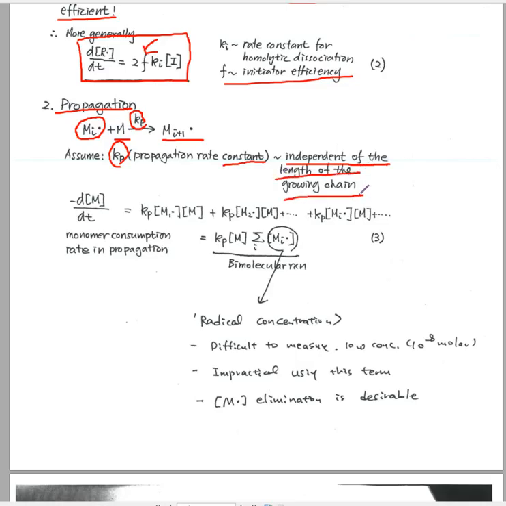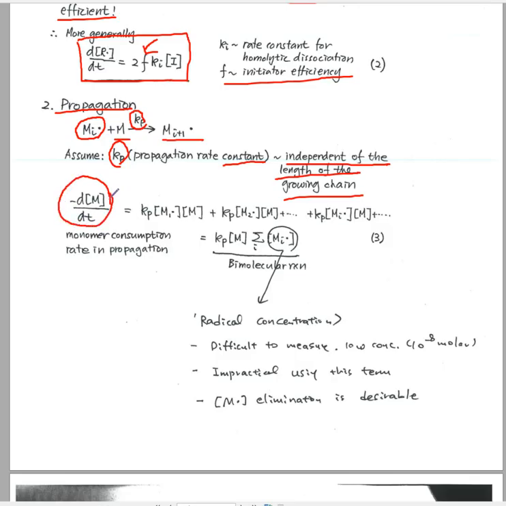If Kp were different depending on the polymer length, that would make the problem really complicated. And in reality, the reactivity of free radicals is really high, so we can easily assume that the reactivity is similar, independent of the polymer chain.